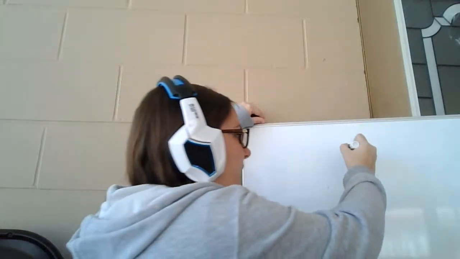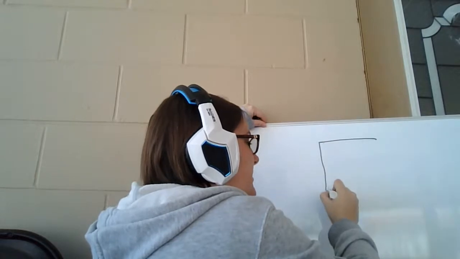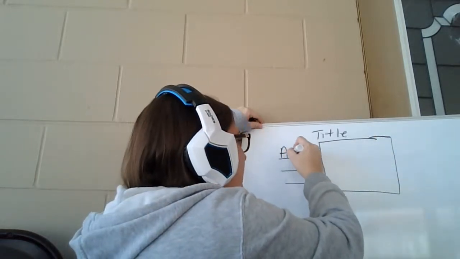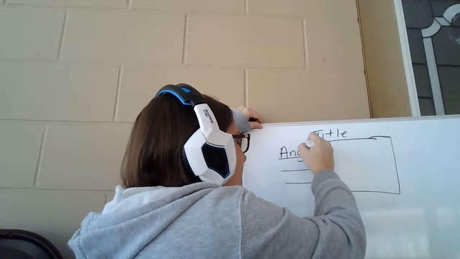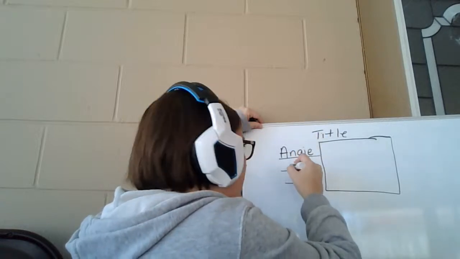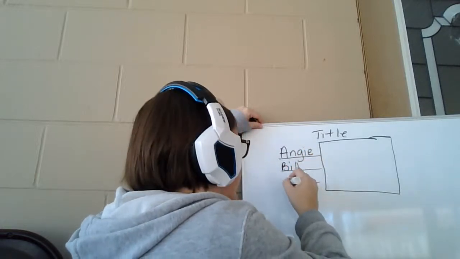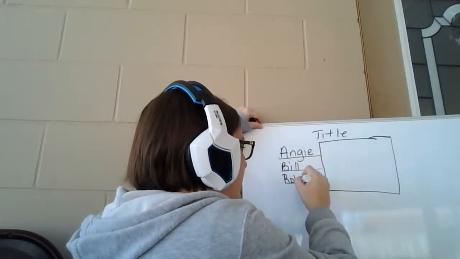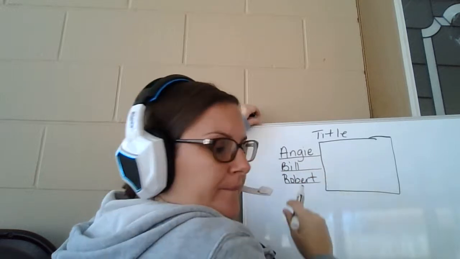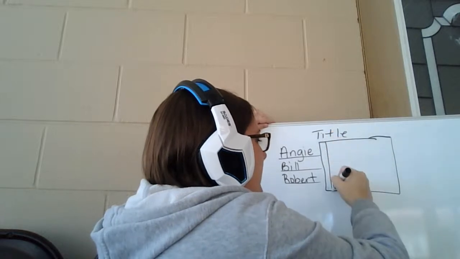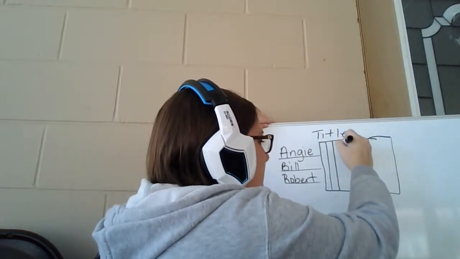Angie, Bill, Robert. So if this is my square, like how you have in your book, I'm just going to make a smaller one. I'm going to write Angie. I'm going to write Bill. And I'm going to write Robert. Now at the bottom, there's a lot of lines like this.